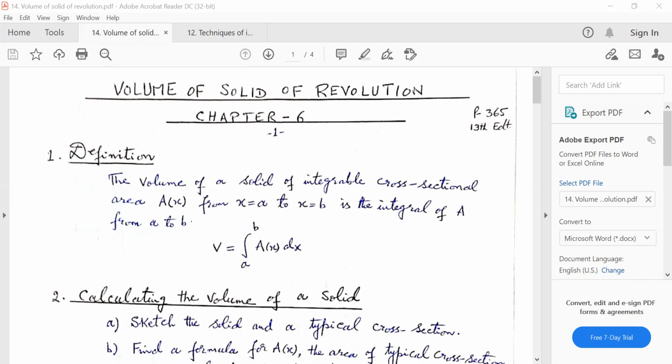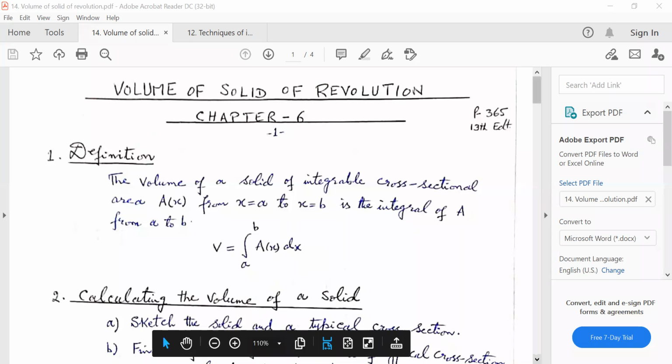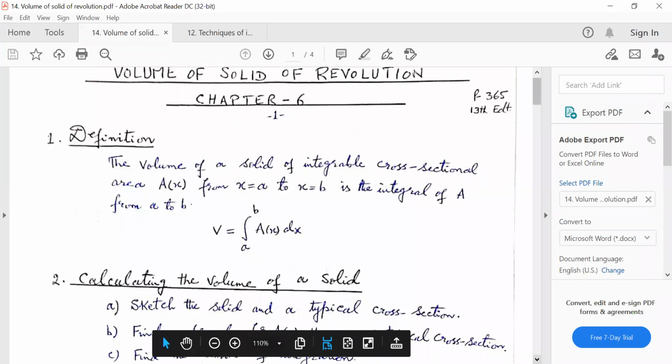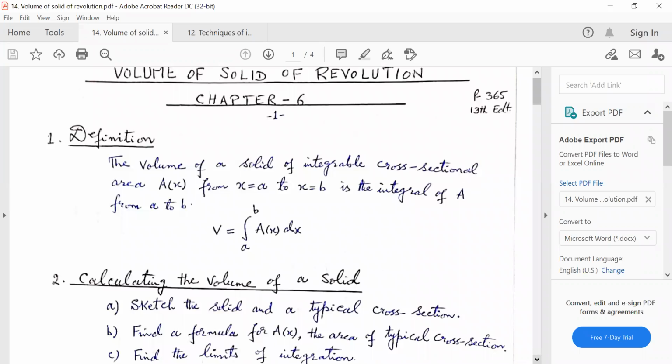There are so many different methods for finding the volume of solid of a revolution. Actually, an area is revolved about some axis, and thus it generates a volume. Then we want to find this volume. One method is the disk method.